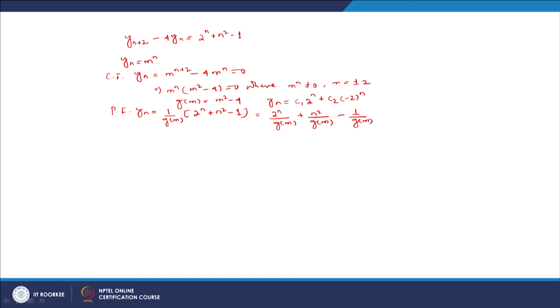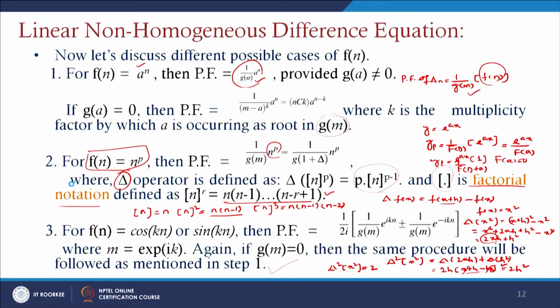We have already discussed that if a function of the form a to the power n by g of m exists, and g of a is not equal to 0, then we can write that function as a to the power n by g of a. In the previous slide, the particular function of a to the power n can be expressed as a to the power n by g of a if g of a is not equal to 0.